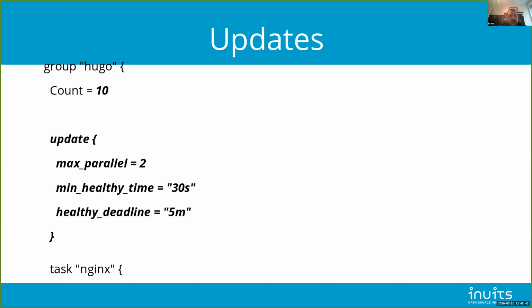In this case, I've defined I want max 2 in parallel. So it doesn't take down all 10 at once and bring up the next 10. It will take down 2, bring up 2, take down 2, bring up 2. And we can tweak how long we expect the whole process to take, or how long it will take for a new node to come online.